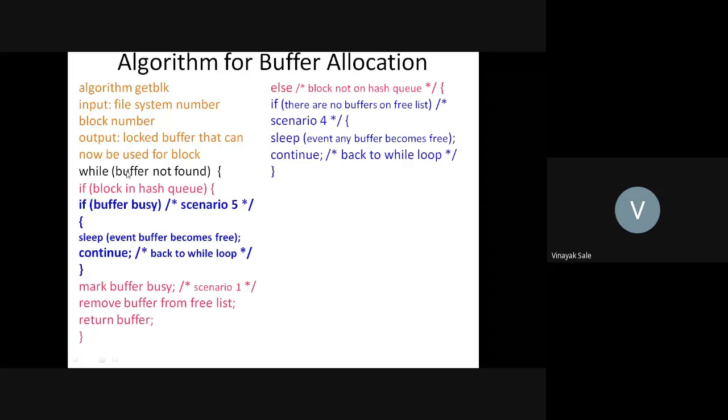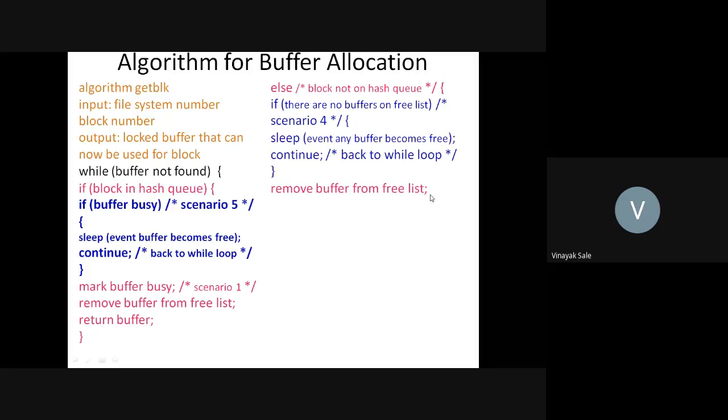So again at the while loop, the buffer is not found, and the block in hash queue is not found, so it goes to the next part, that is, if it finds a buffer, then mark it as busy and remove the buffer from the free list.